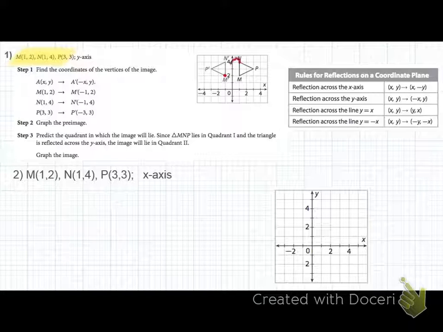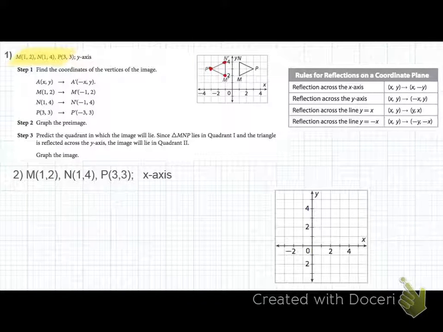Same thing with N. N is 1 unit away from the y-axis, so we could start from the y-axis and put N prime 1 unit away. And then lastly we got P. P is 1, 2, and 3 units away from the y-axis, and then we could make P prime go 1, 2, and 3 units away from the y-axis right here as P prime. Does that make sense, everyone? Okay, so that's the first way you could do it. Super easy. That's the way I prefer to do it.